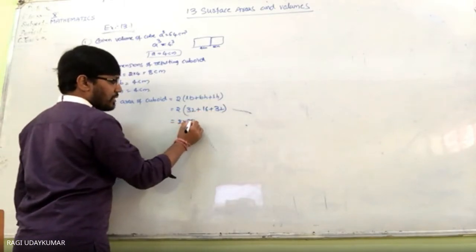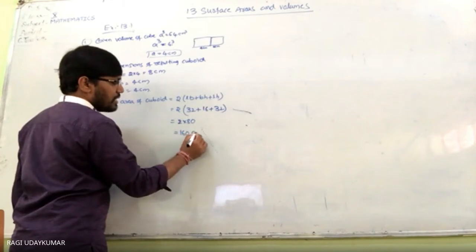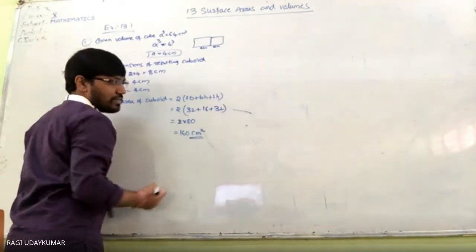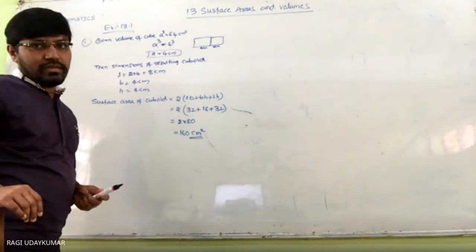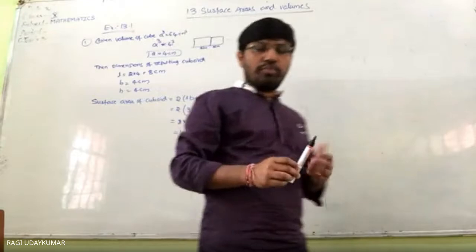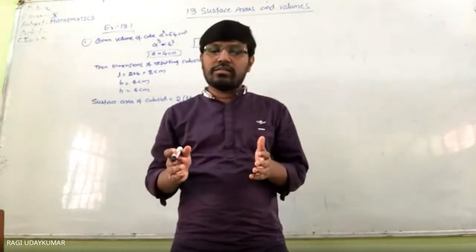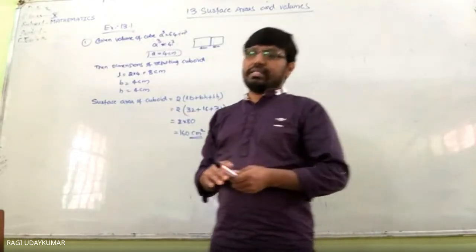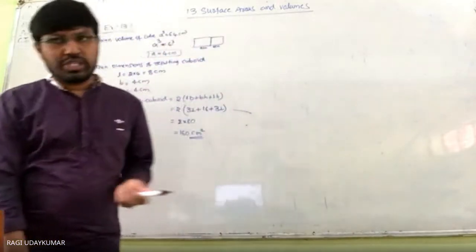So 2 into 80, which is equal to 160 centimeters square, the surface area of the resulting cuboid. See, when you combine the two cubes together, its height and breadth will not change. Okay, so a very simple question here.